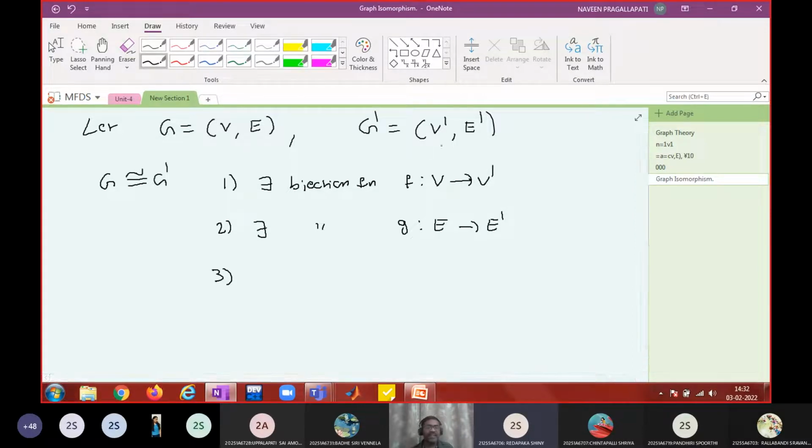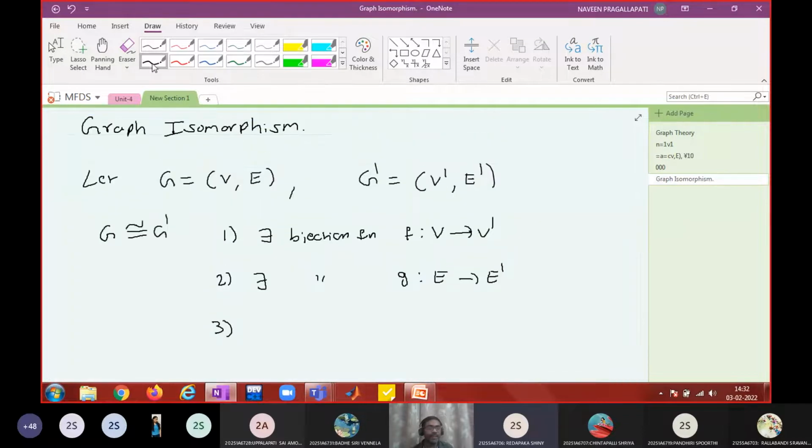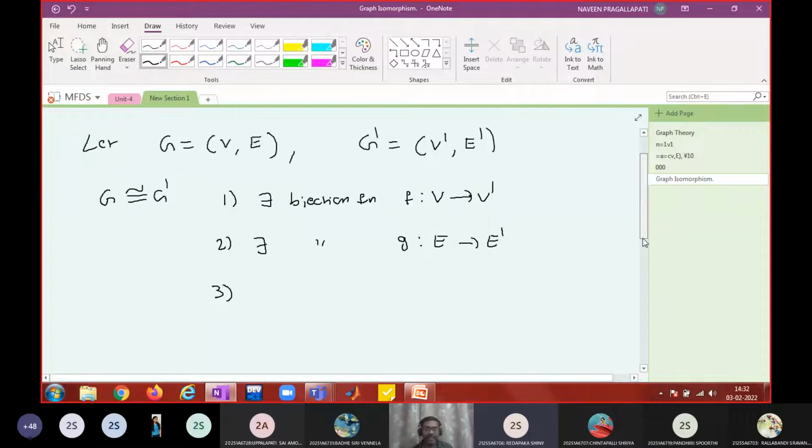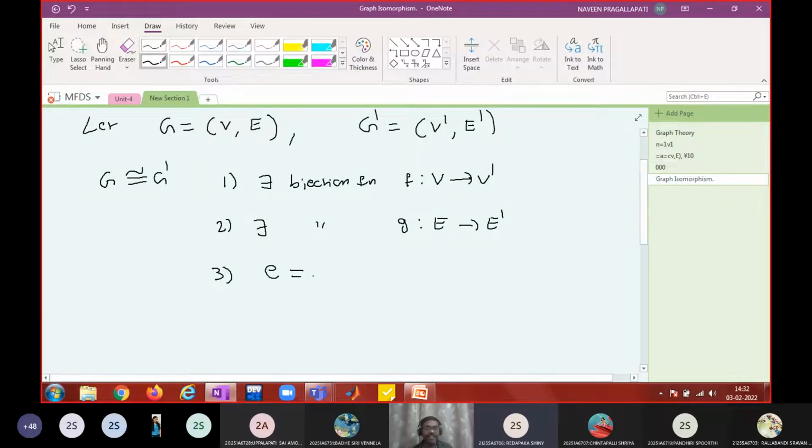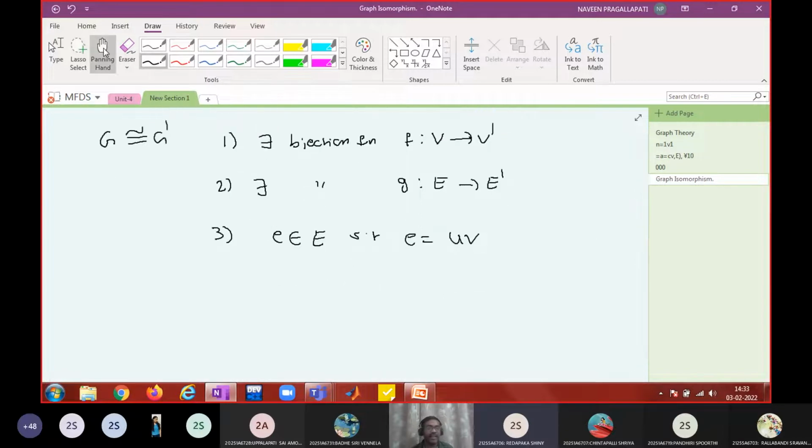Let us say you take an element e, which is incident with u and v, belongs to E of the first graph such that e equals uv. I mean to say that edge e is connecting u and v, or edge e is incident with the vertices u and v.